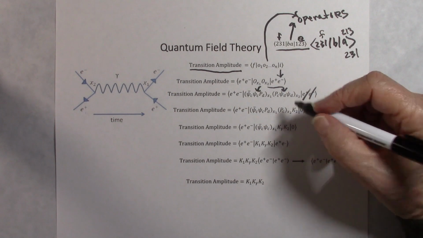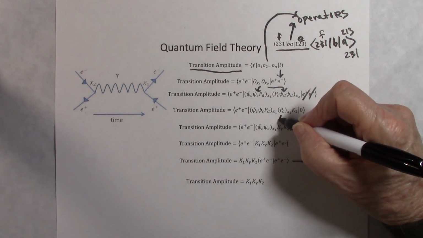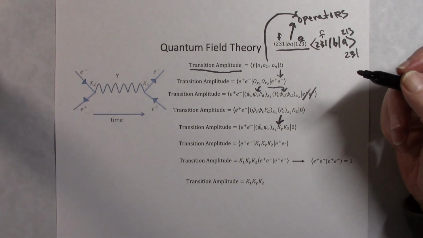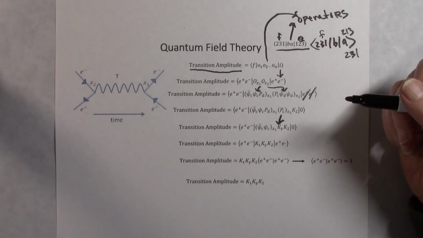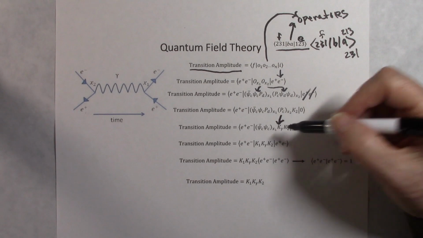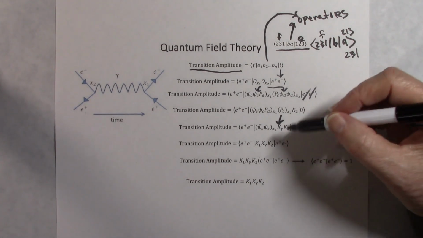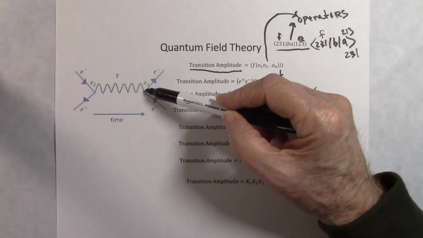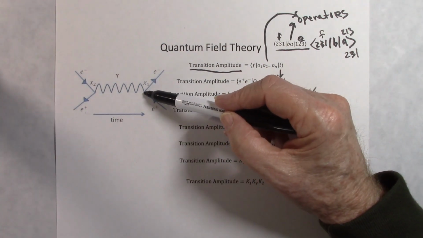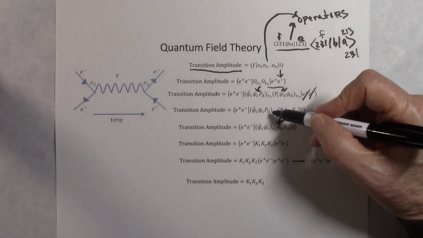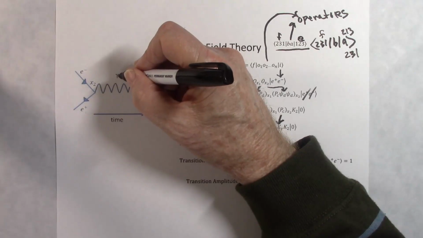This creation operator for the boson, once it creates a boson, we get a number with it that comes out of the formal mathematics of quantum field theory, and we just designate it as K sub gamma, just as a placeholder. At position x1, this destruction or annihilation operator annihilates the photon.